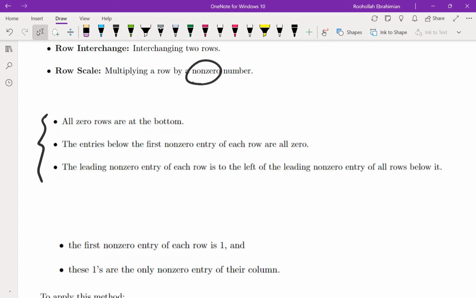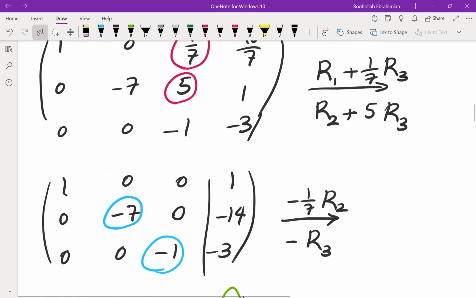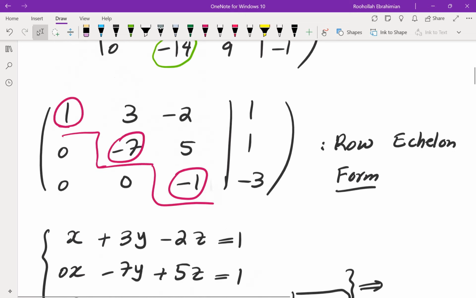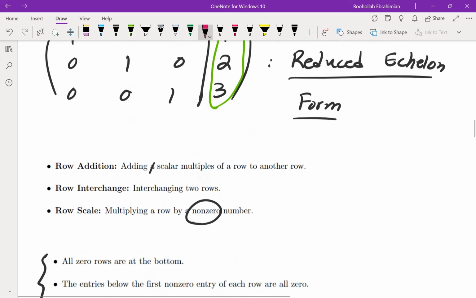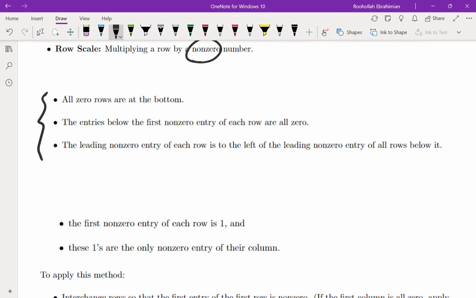And the third property that is important to have is that the leading non-zero entry of each row is to the left of the leading non-zero entry of all rows below it. So it was just basically that staircase that we saw. So this one is to the left of -7, -7 is to the left of -1. With these 3 properties, we say the matrix is in echelon form.